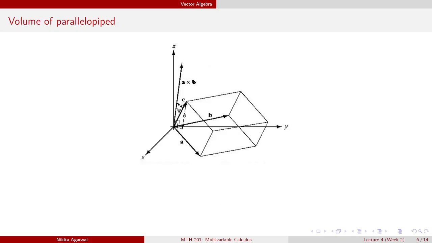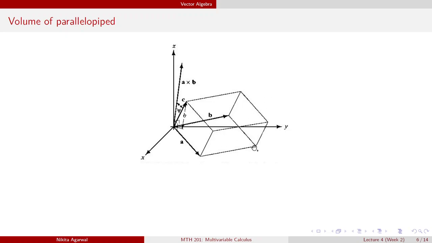Now, let us understand the geometrical significance of the volume of a parallelepiped. So what is a parallelepiped? It is basically an extension of a parallelogram in 3 dimensions.